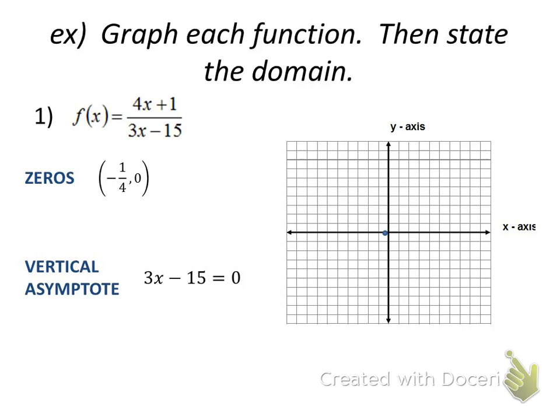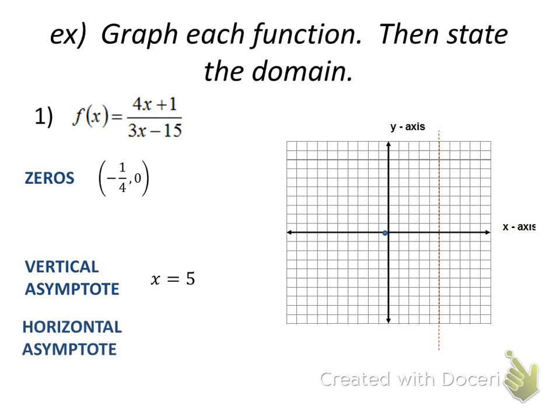Because that's going to create the vertical line I can't cross. After you solve, so add 15, divide by 3, we get a vertical asymptote of x equals 5, and we're going to immediately put a dashed line in, representing that this dashed line is only helpful for us to graph, but technically it's not part of the graph.